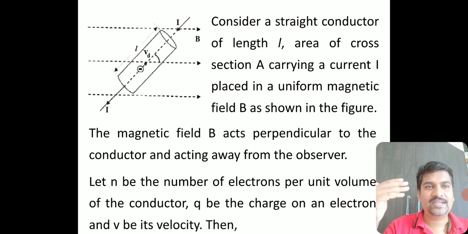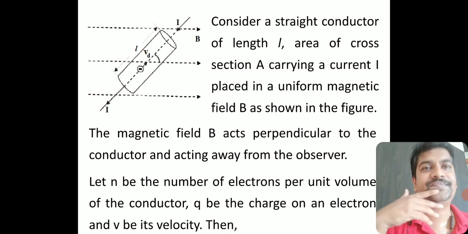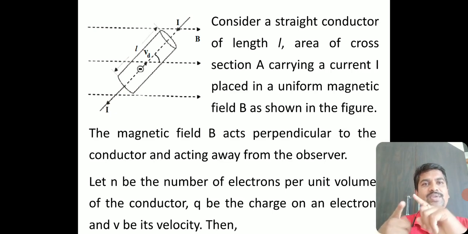I am calling it Q. And V is its velocity. I have defined everything: I is the current, L is the length of the conductor, A is the area of cross section, placed in a magnetic field B, N is the number of electrons per unit volume, Q is the charge on the electron and V is the velocity.